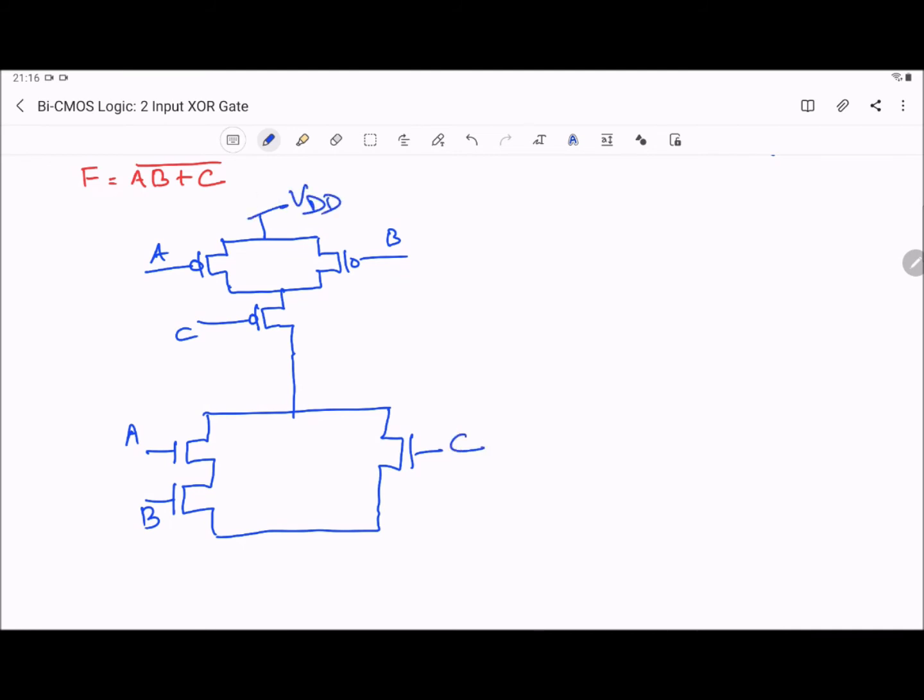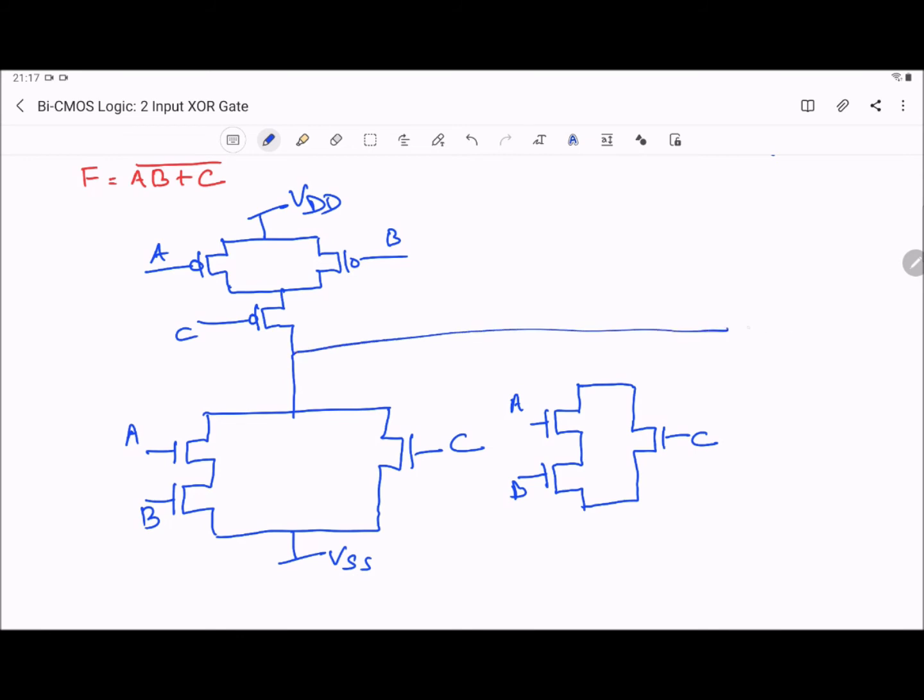We have a VDD connection, and a VSS or ground connection. We require a copy of the pull down network, so make another copy. A, B and C. The output of the CMOS stage goes as an input to the base terminal of the BJT transistor.